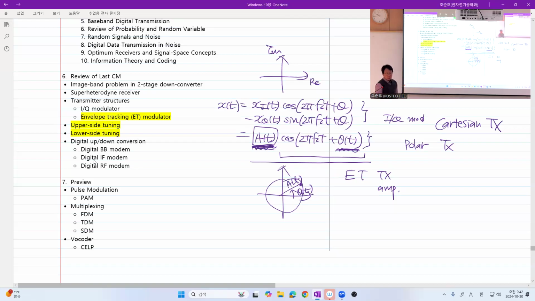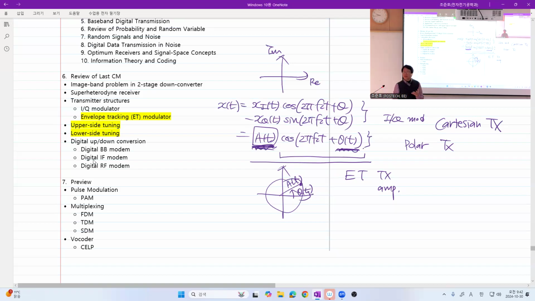If the converted and generated signal is an RF signal, then it's a digital RF modem. As you learned from the sampling theorem, the technology required to implement this direction is huge.